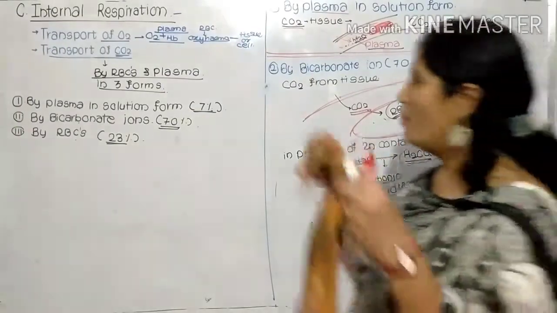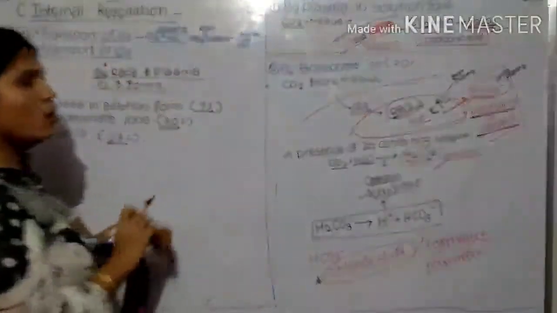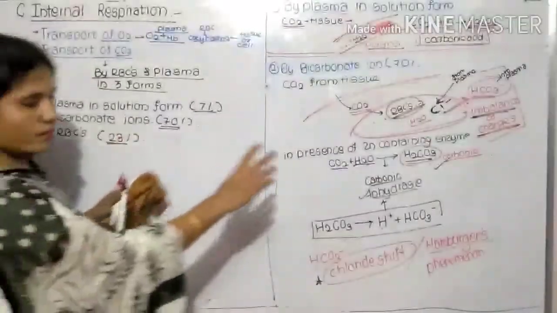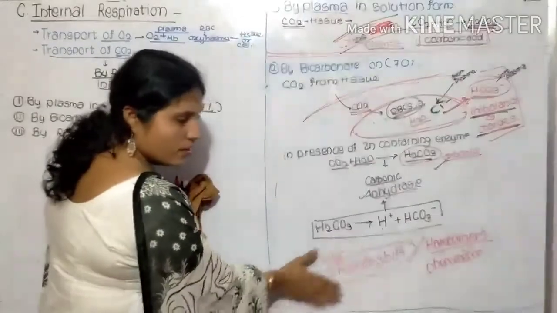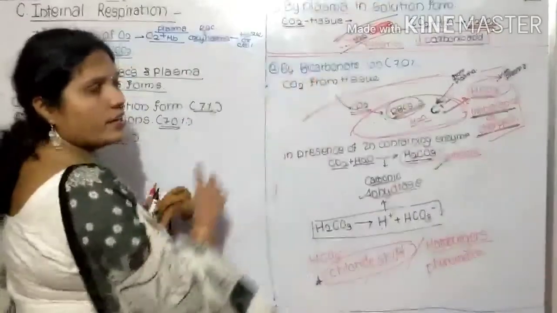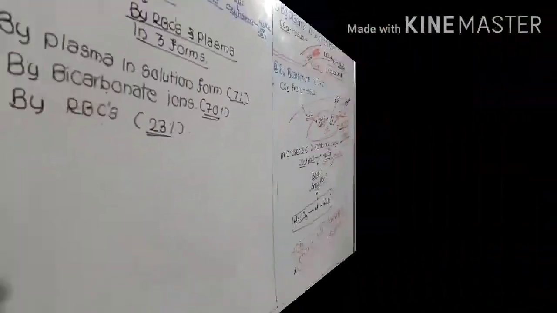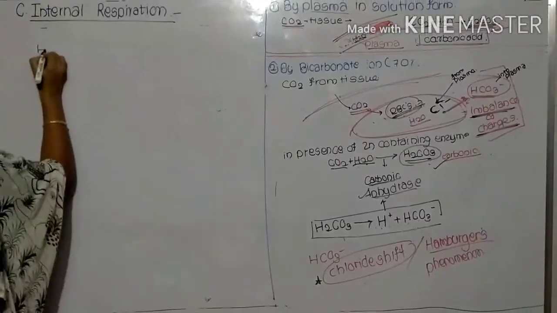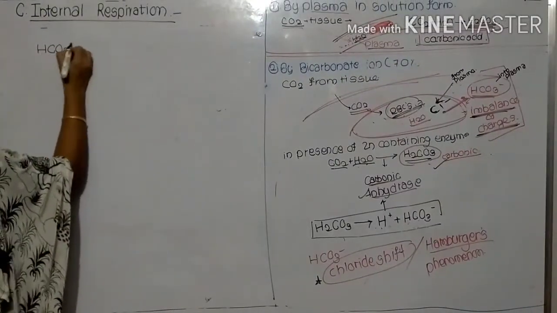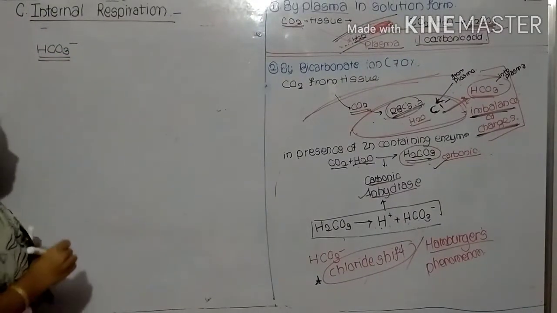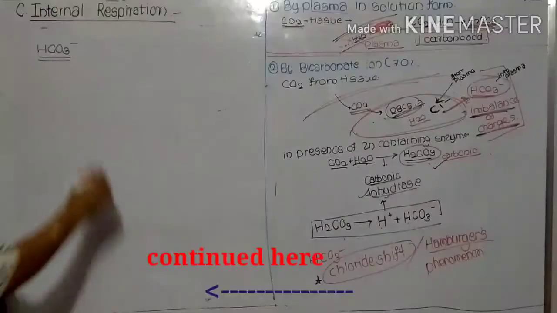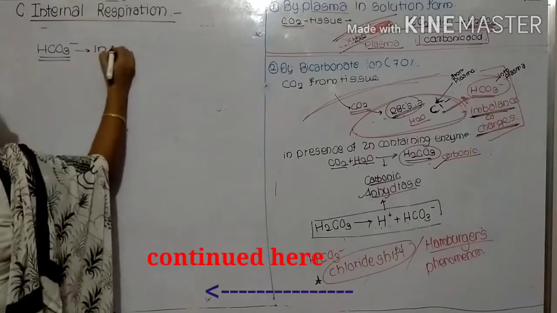Okay, now what happened after the entering of this carbonic acid into the outside, that hemoglobin? Now see, from that carbonic acid, this HCO3 minus enters into the plasma.